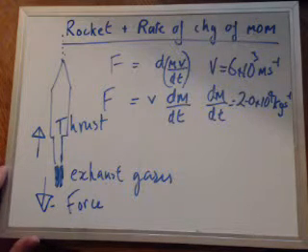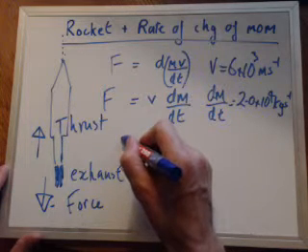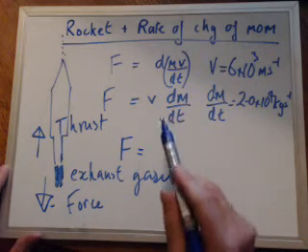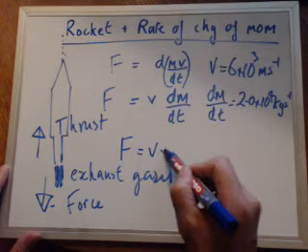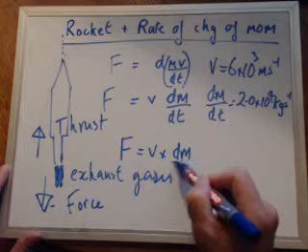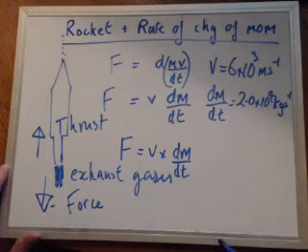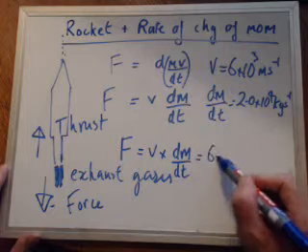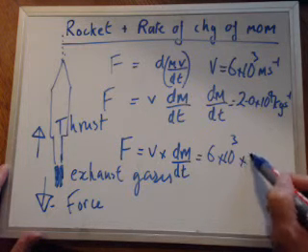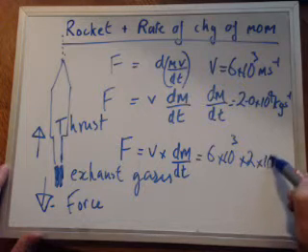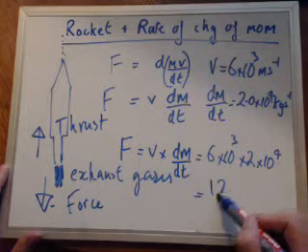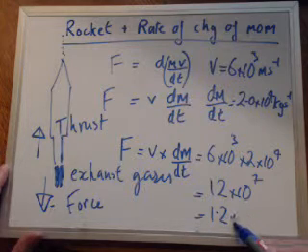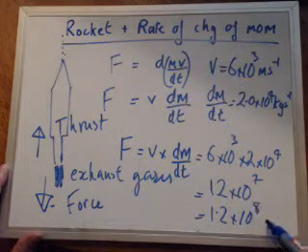So we're going to say, okay, therefore the force produced by the change of momentum, which is equal to the thrust, equal and opposite, is just equal to the velocity times the flow rate, dm/dt. And the flow rate in 1 second is simply 6 times 10 to the 3 times 2 times 10 to the 4, which equals 12 times 10 to the 7, which equals 1.2 times 10 to the 8 newtons.